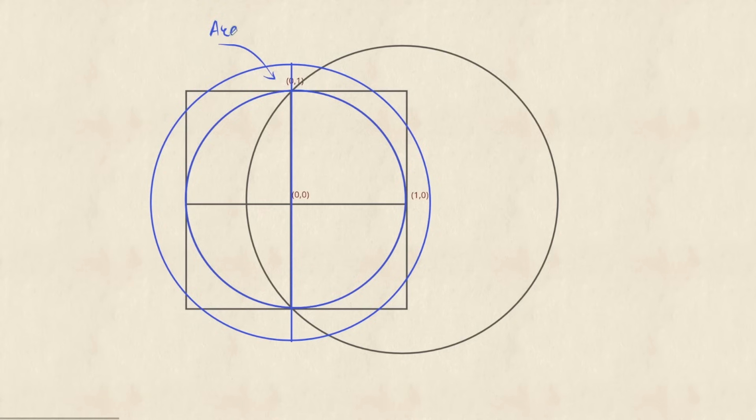Let's call that area 1. So this is this blue area between two circles. This is our first area that we will need to calculate as an area of the splash.